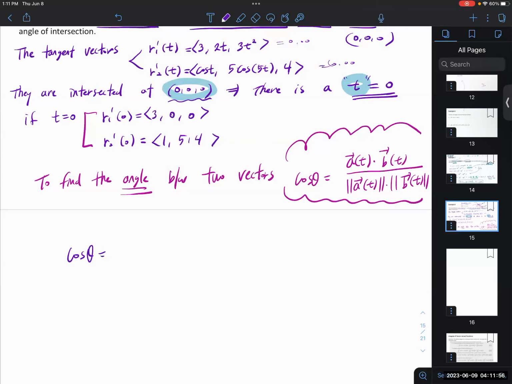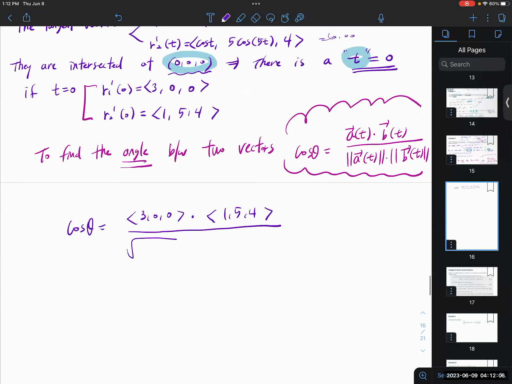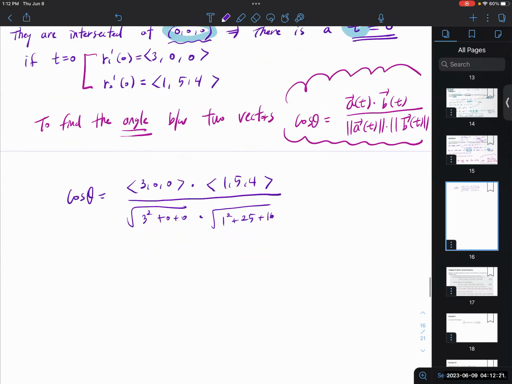So what are you going to do? Cosine theta. We have 3, 0, 0. This is a dot product, with 1, 5, 4. And you're going to divide by the magnitudes. You can write everything out: 3 squared, 0, 0, and then 1 squared, 25, plus 16. So this is a dot product.